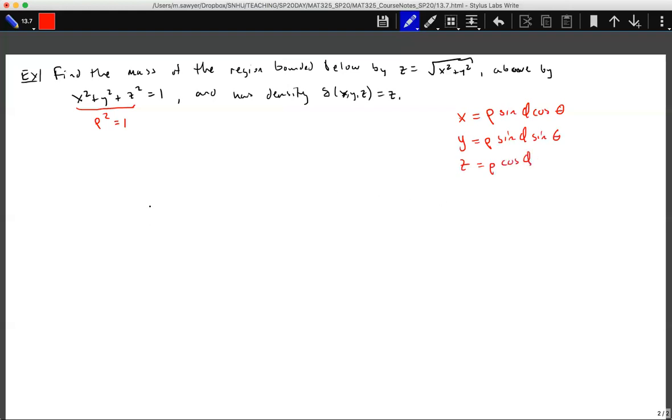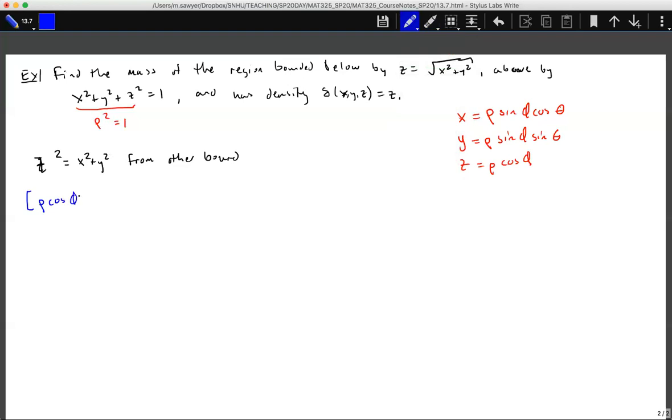And so when we're looking at this particular piece, we know that x squared plus y squared plus z squared equals 1 is rho squared equals 1. And then we take z squared equal to x squared plus y squared as our other bound, our lower bound, and we can substitute in our definitions of our spherical coordinates.